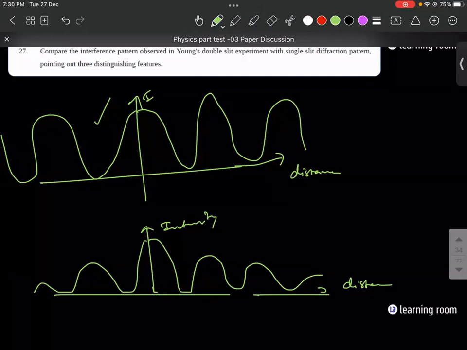It is we who are giving an explanation to it, because the pattern looks like interference. Though we have a single wave, the superposition of the wave on itself happens in diffraction. So these are the 3 differentiating factors.